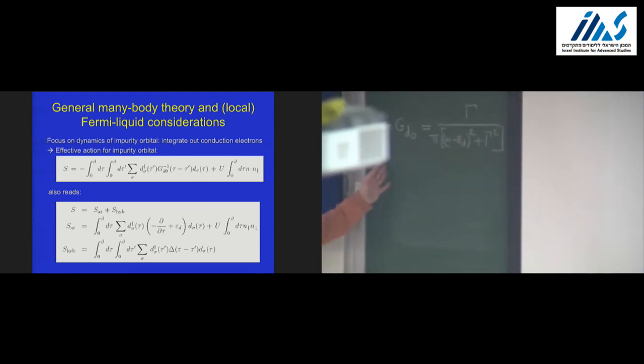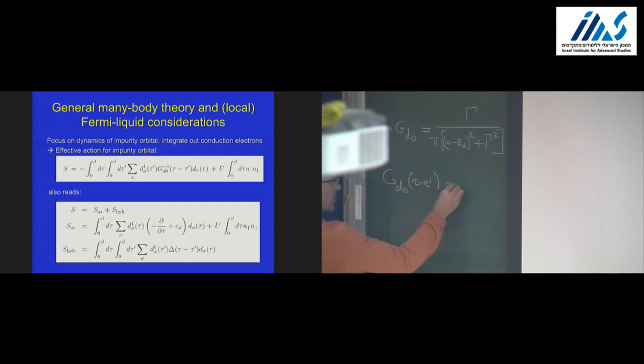You see that at low frequency, this quantity is finite, which means that G_d0 of tau minus tau prime for large tau minus tau prime behaves like 1 over tau minus tau prime. Right? This just comes from the fact that you take the integral d omega of this quantity, which is the spectral function A_d0 of omega, e to the minus omega tau. If this is finite at 0 frequency, this decays like 1 over tau.